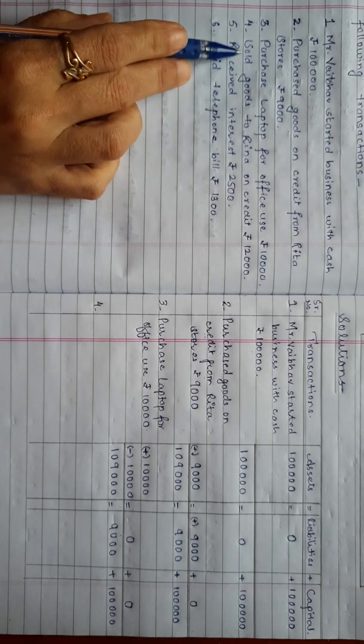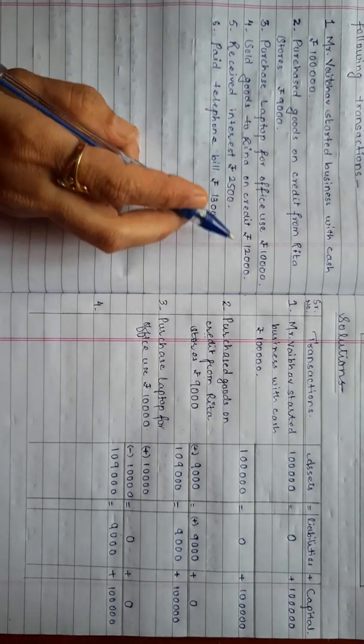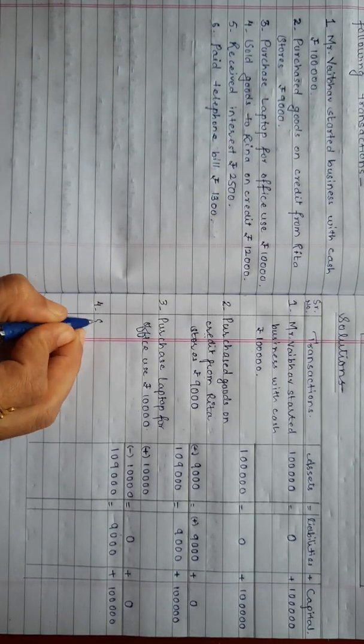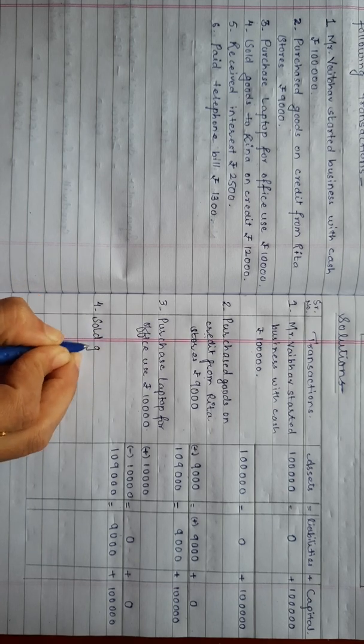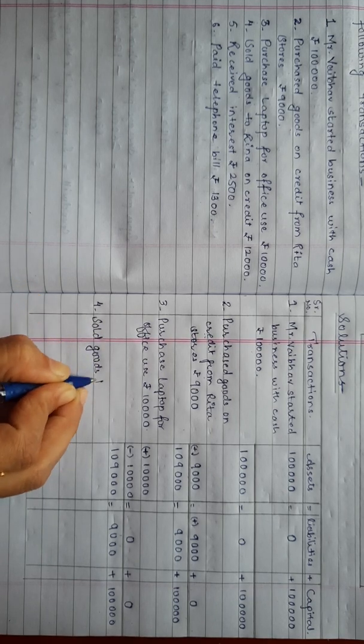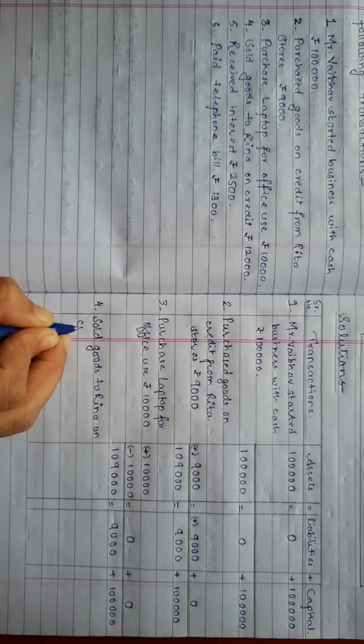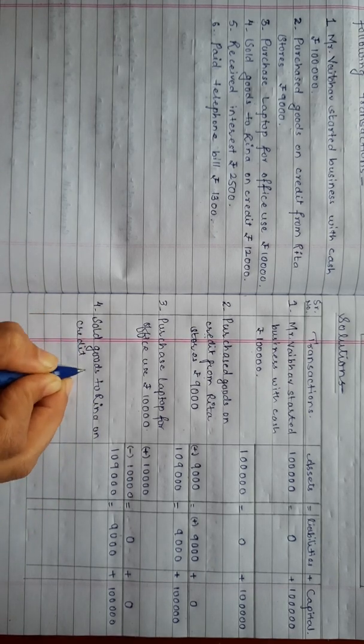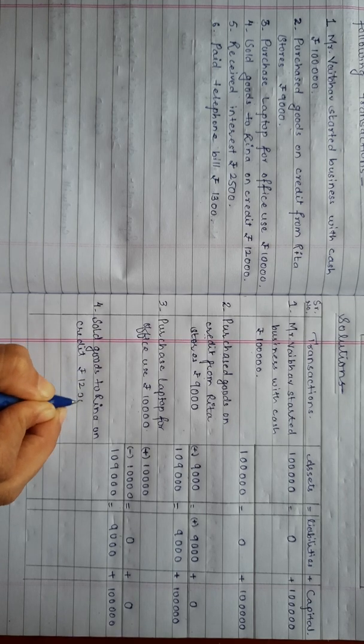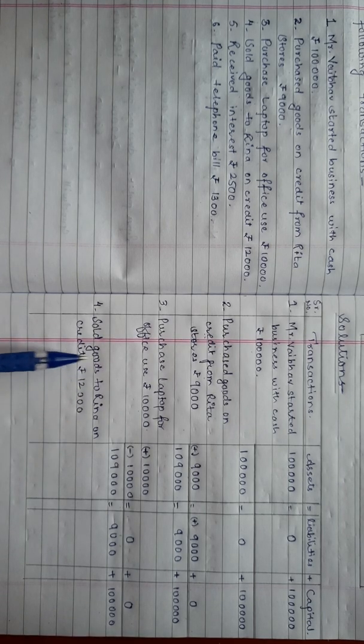Fourth transaction says sold goods to Reena on credit rupees 12,000. I'll write the transaction: sold goods to Reena on credit rupees 12,000. Here the goods are sold to Reena on credit.